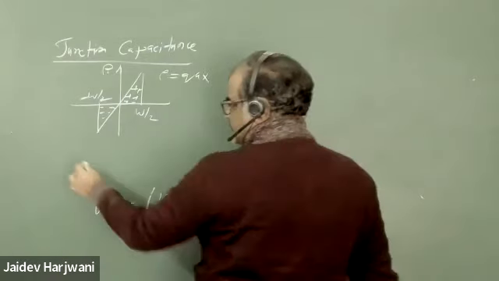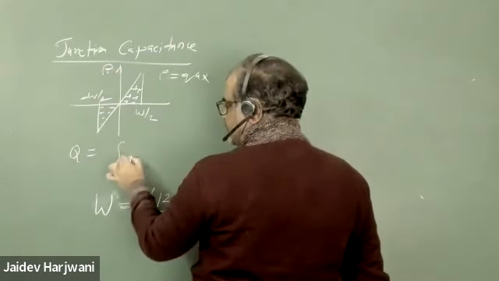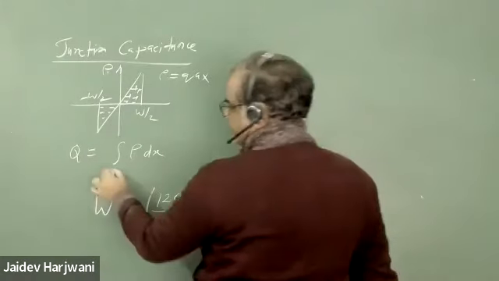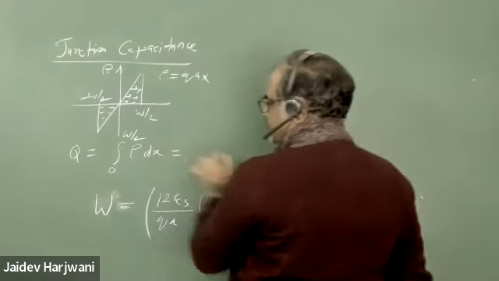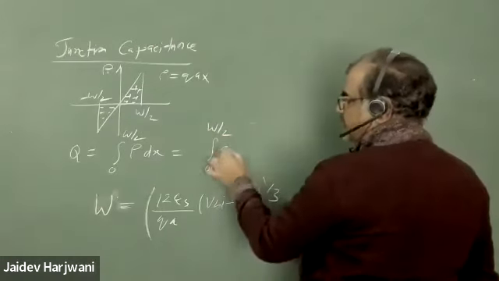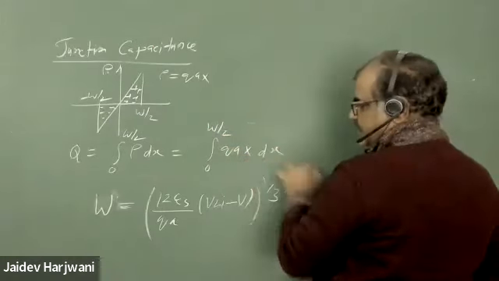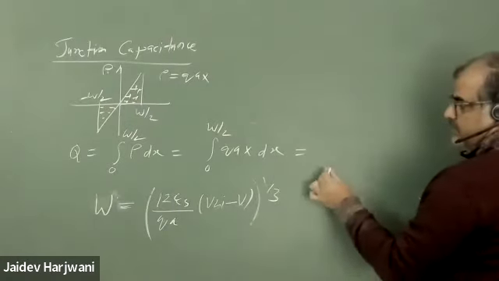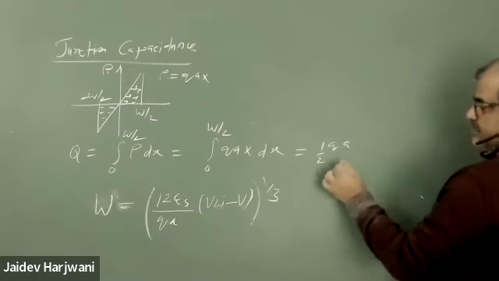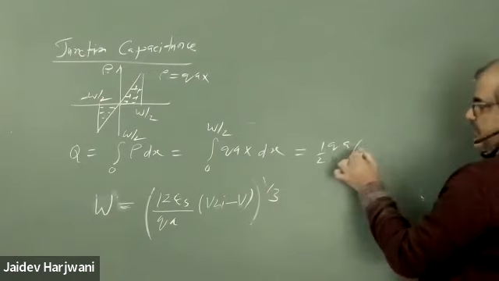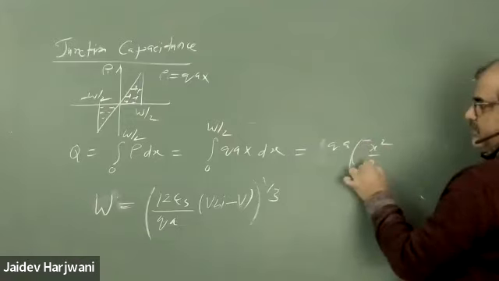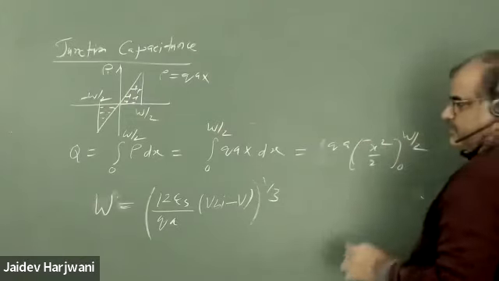If I want to find the charge, the charge is simply the integral of rho dx, with limits from 0 to W by 2, of qAx dx. So this will give me qA times x square by 2, from 0 to W by 2.